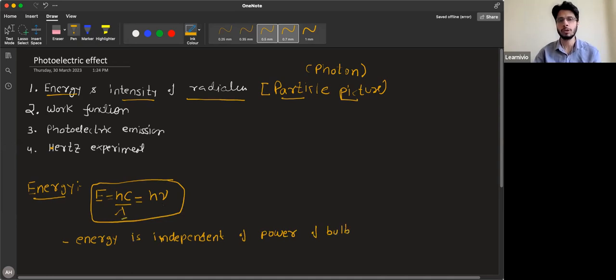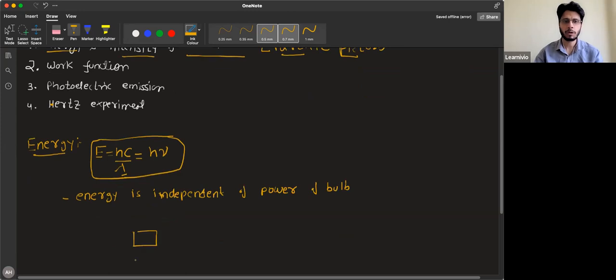So if I give you two bulbs, one bulb of 100 watt, and this bulb is of red color, and I give you another bulb, this bulb is of 1000 watt, but also of red color. Now, since the wavelength of the light coming from both the bulbs is the same, it does not matter what wattage you have.